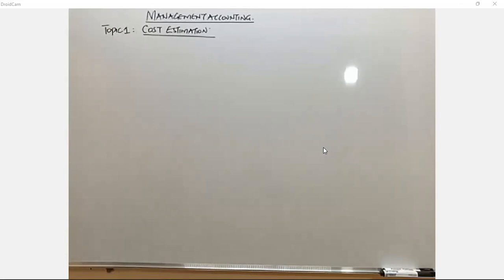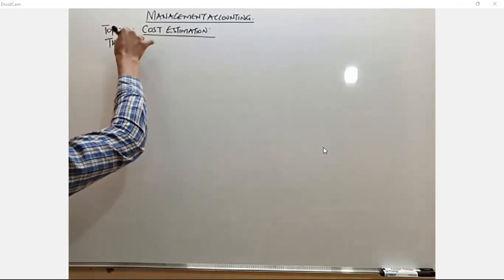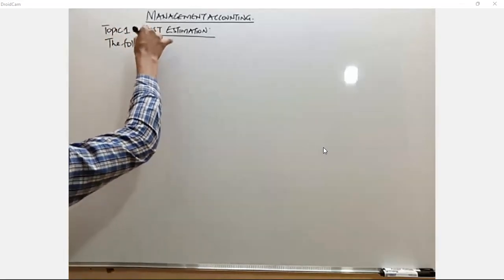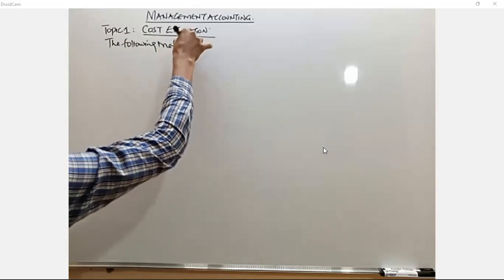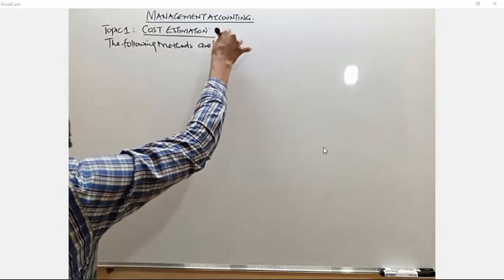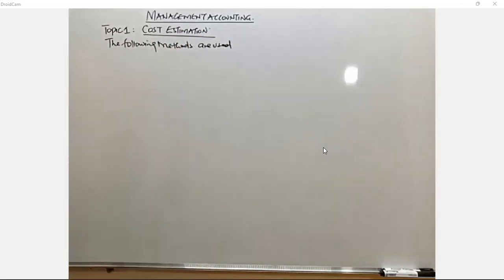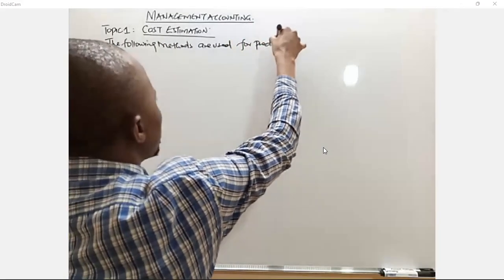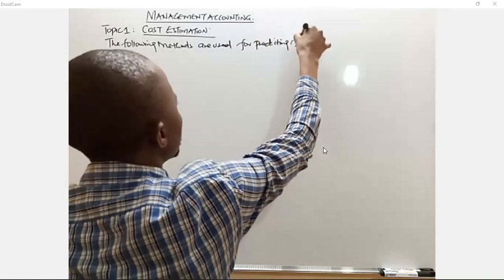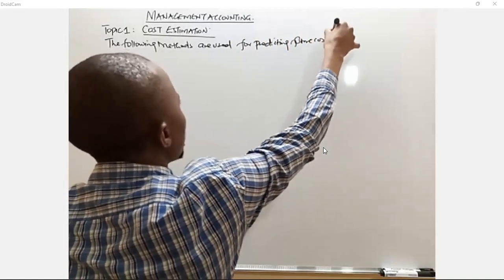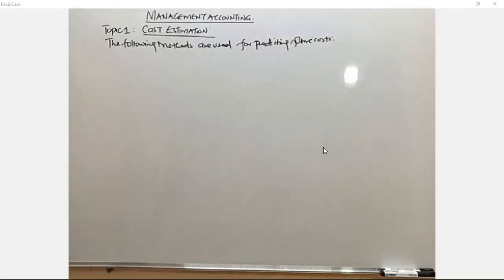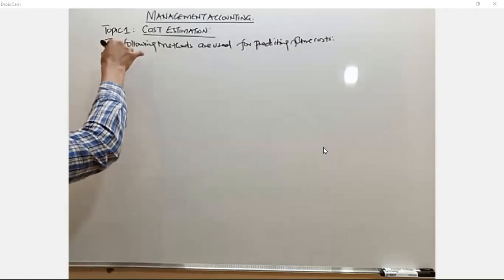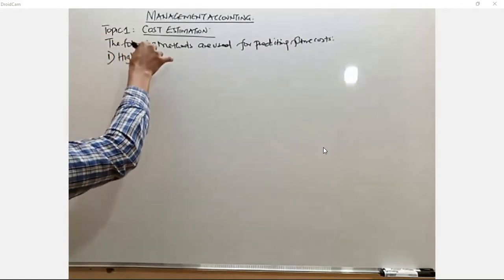And we need to know that the following methods are used for predicting future costs. So what are these methods that we are talking about? Number one, it is the high-low method.